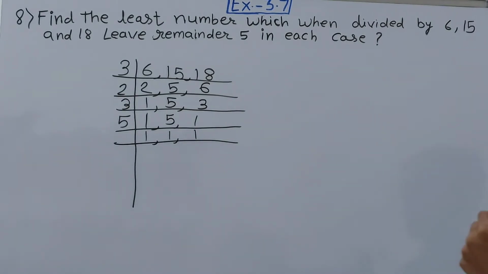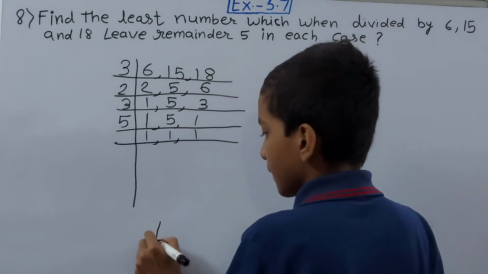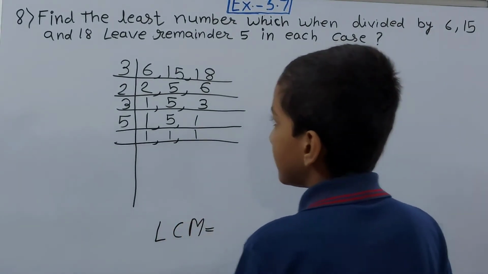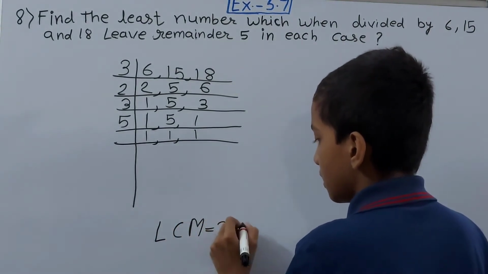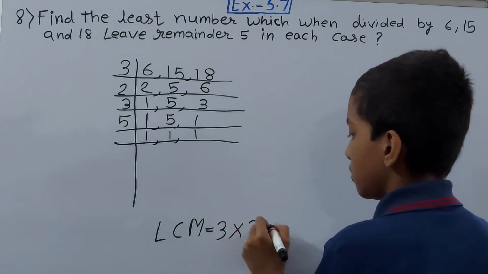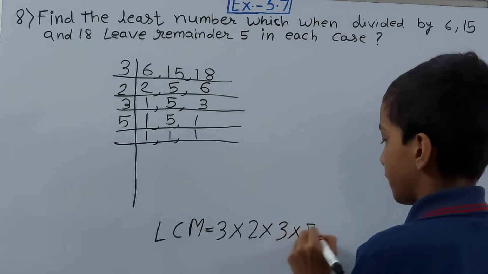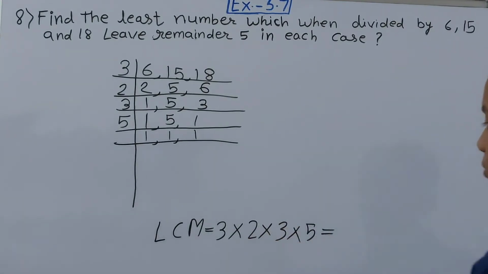So let's find out the LCM. LCM is equal to 3 into 2 into 3 into 5. So 3 into 2 is 6, 6 into 3 is 18 and 18 into 5 is 90.